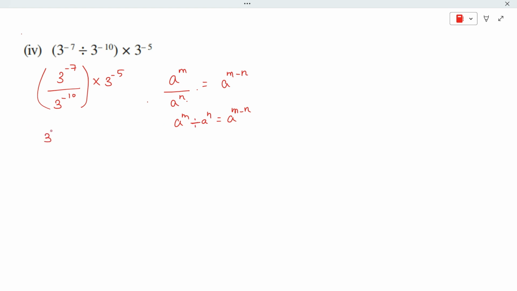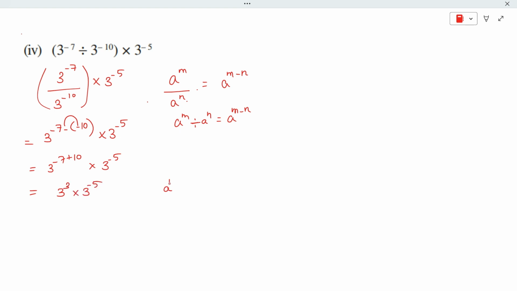So this will give my answer as 3 power minus 7 minus of minus 10. Ensure to keep minus 10 inside the bracket, because don't confuse this integer sign with the subtraction symbol, into 3 power minus 5. So after simplifying, I will get 3 power minus 7, minus into minus will be positive 10. Until you simplify, you have to just carry forward this 3 power minus 5. So this will become 3 power 3 into 3 power minus 5.